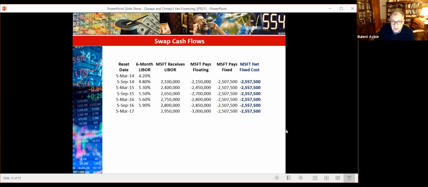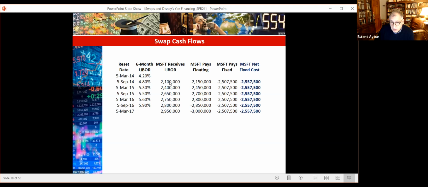If you look at the swap cash flows involved in this case, Microsoft is going to receive a stream of floating payments. Microsoft also will make a stream of floating payments. There will be some offset in here, and also Microsoft will make a fixed stream of payments in here.